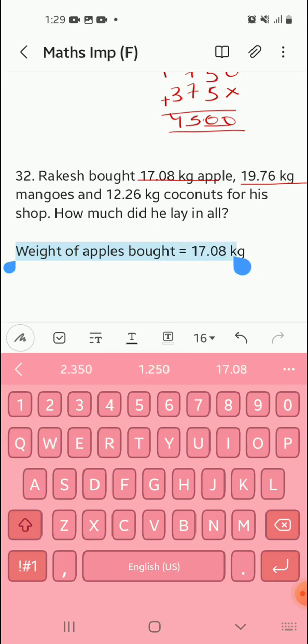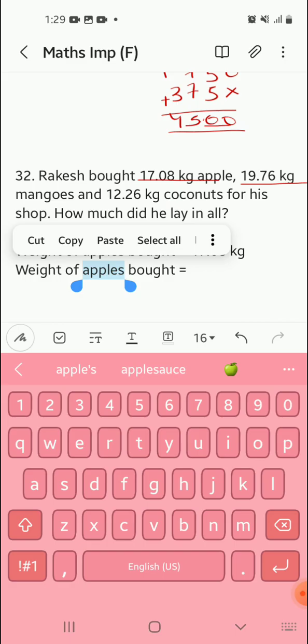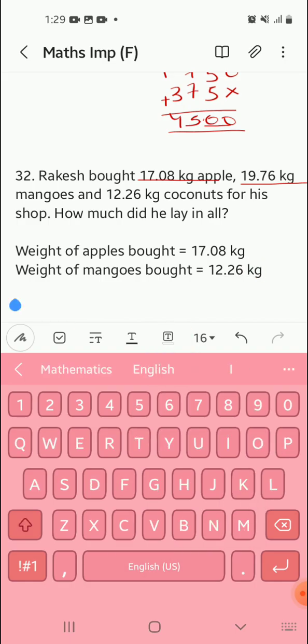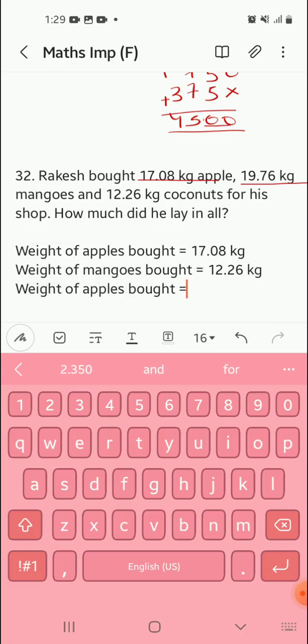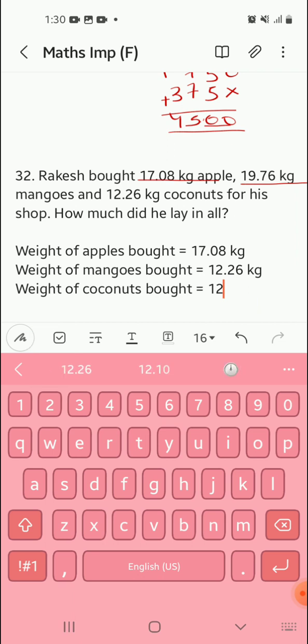Weight of mangoes bought is equal to 12.26 kg. Weight of coconut bought is equal to 12.26 kg coconut, and mangoes were 19.76, so 19.76.